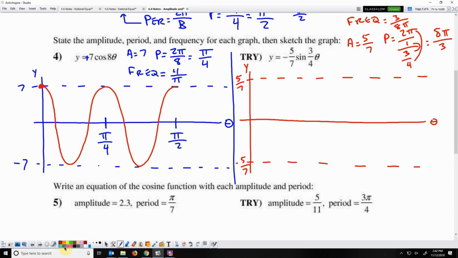This graph is of a sine wave, which means it's going to start in the center. And it also has this negative in front, which is a vertical reflection, which means instead of going up first, it's going to go down first.